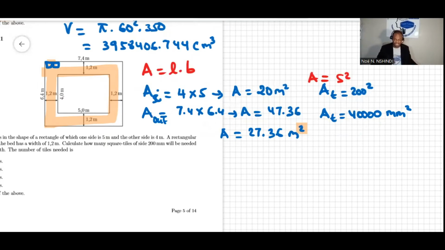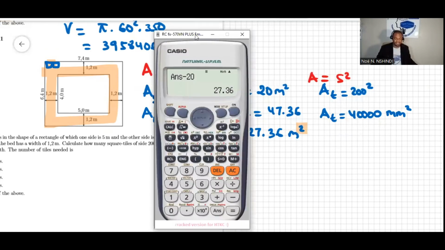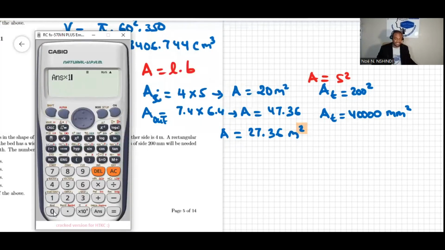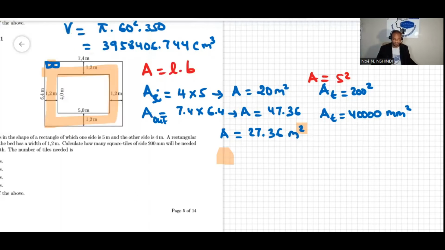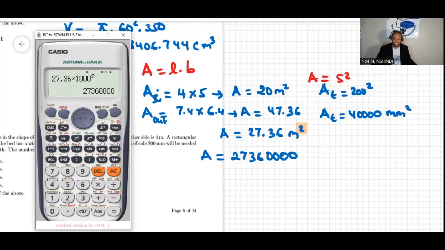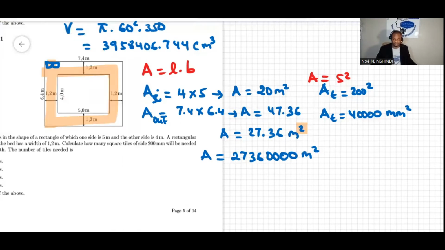So in the calculator I will say 27.36 times 1000 raised to the power of 2, to get that into millimeters squared. So this area will be 27360000 millimeters squared.